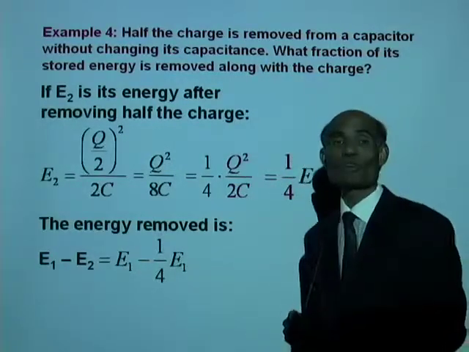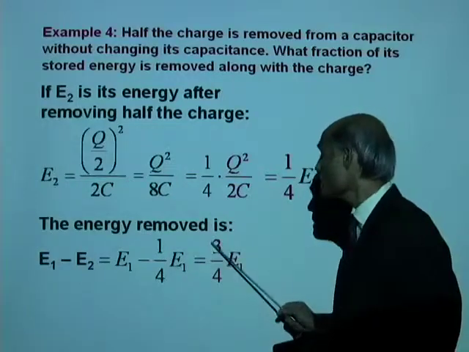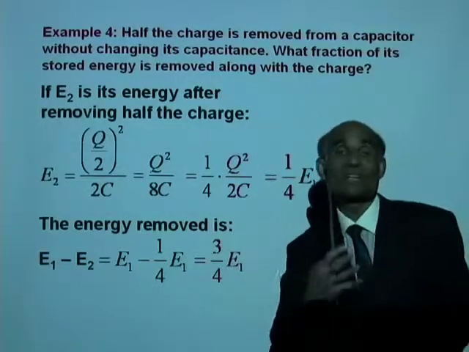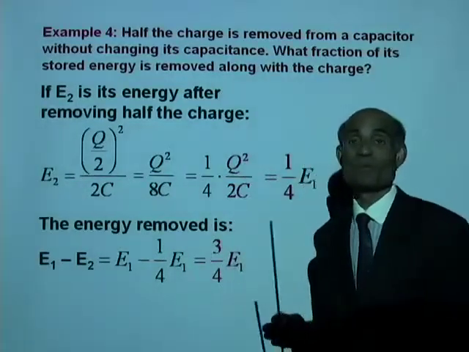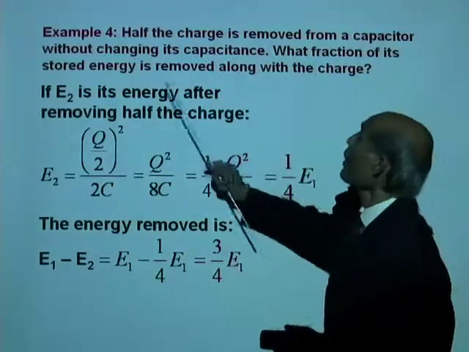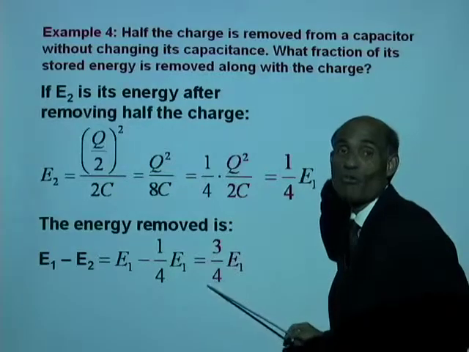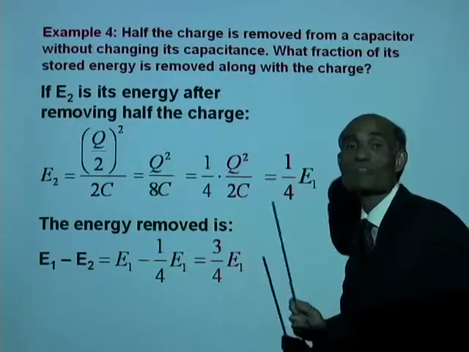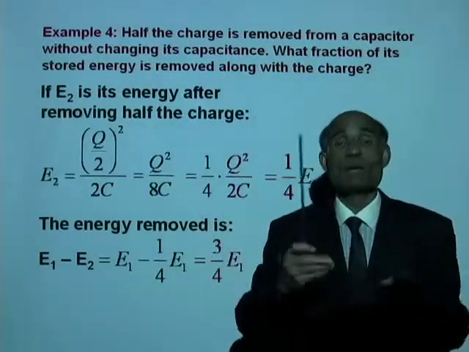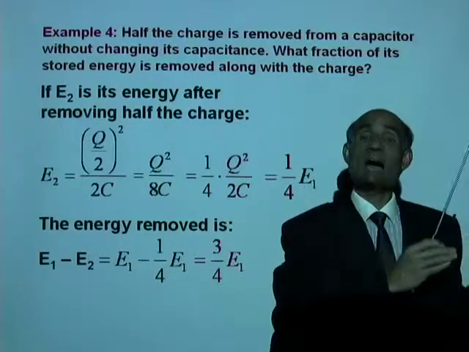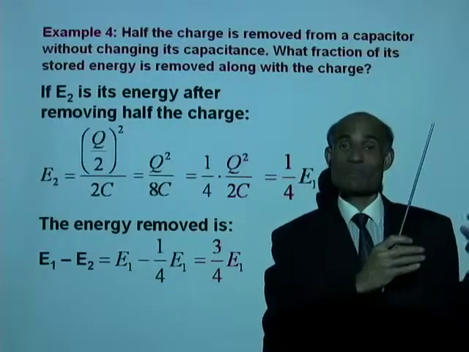E2 is 1/4 of E1. That is 3/4 of E1 is actually removed. What fraction of its stored energy is removed? 3/4 of the original energy has been removed by taking away half the charge. I hope you understand the problem.